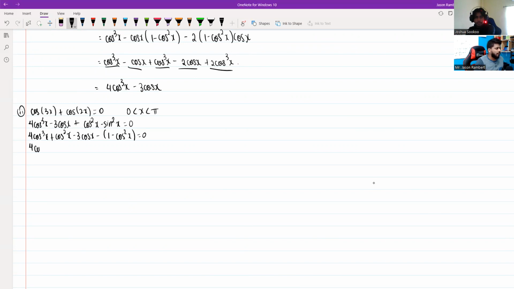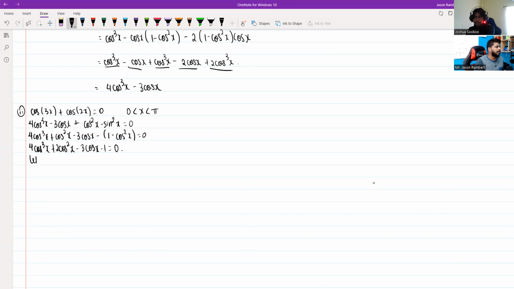I'll have 4 cosine cubed x plus cosine squared x. Yep, I get plus 2 cos squared x. A polynomial. Minus 3 cosine x minus 1 is equal to 0.